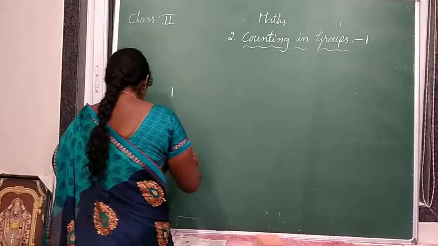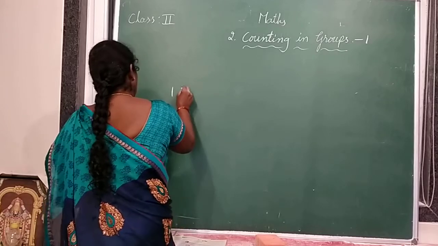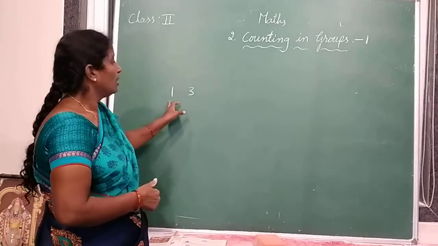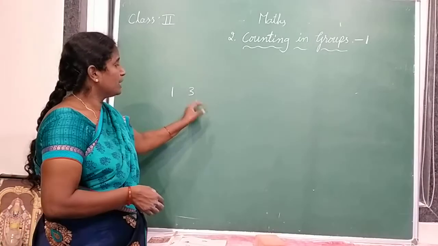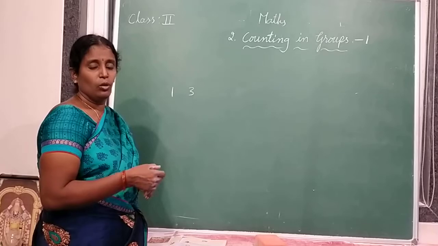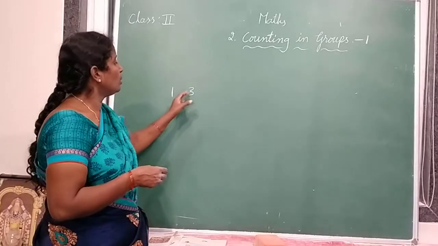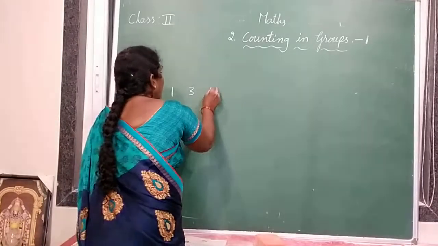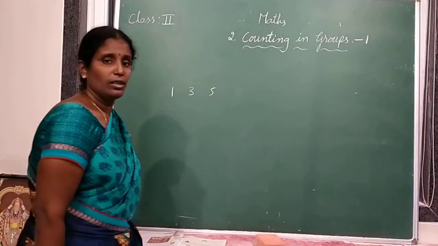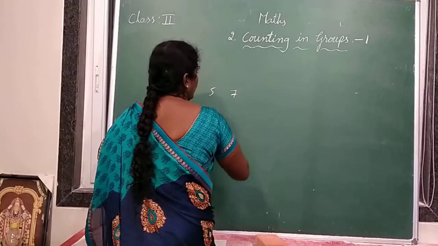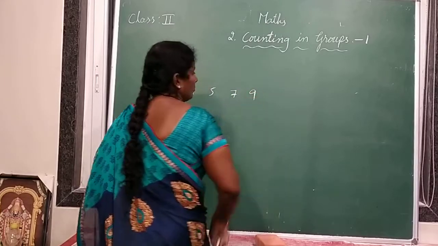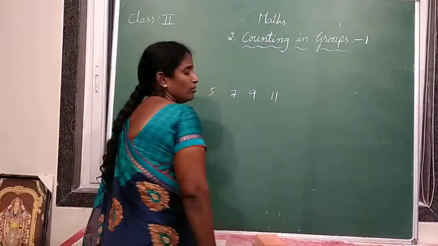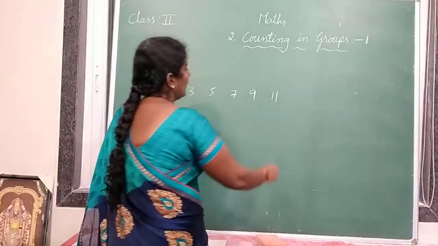So that is nothing but 3, after the first roll number. Next, again, whose roll number falls after 2 numbers? It is 5. Next, 7. Next, 9. After that, 11. After that, 13.